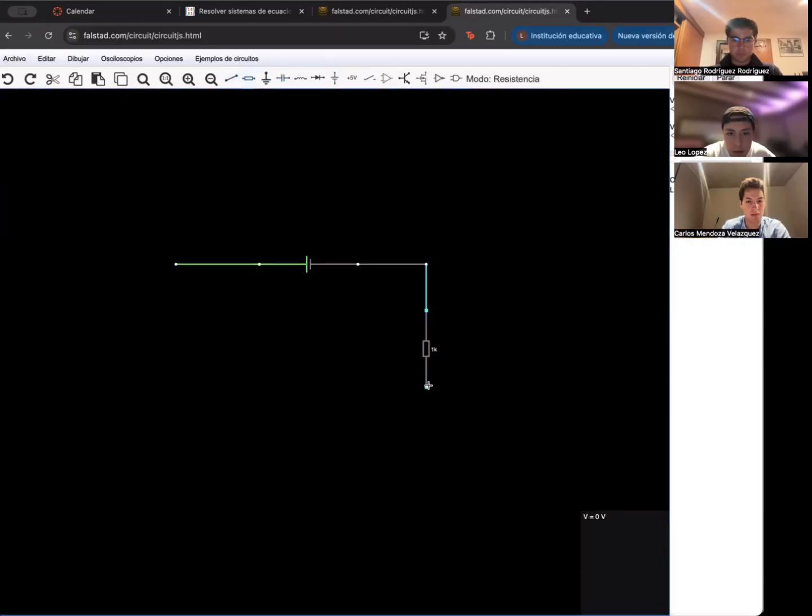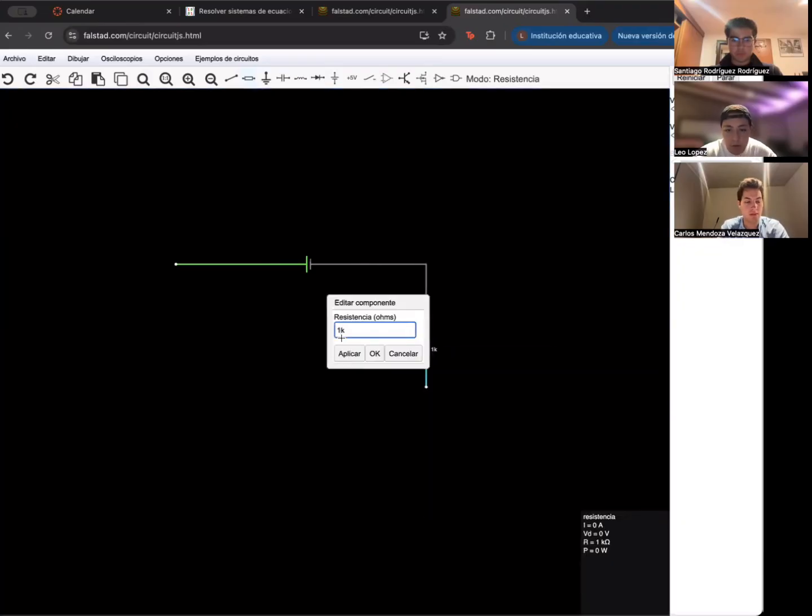Yeah, so I'm gonna start with the lower meshes because they are simpler, and I'm gonna work my way up. So we start with a wire right here. We have a battery, which the positive is on the left side. We have a wire again going here, now here. Now we have a resistance of 8 kilo ohms.